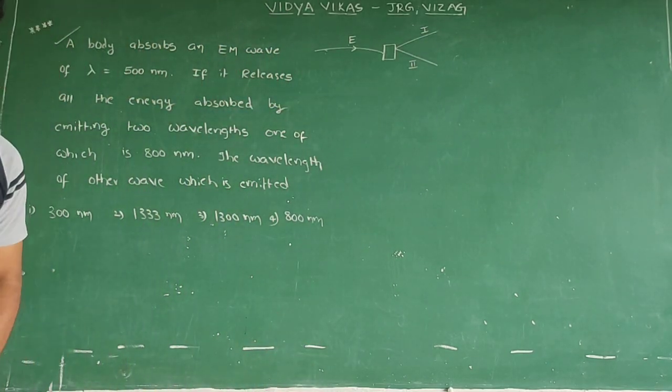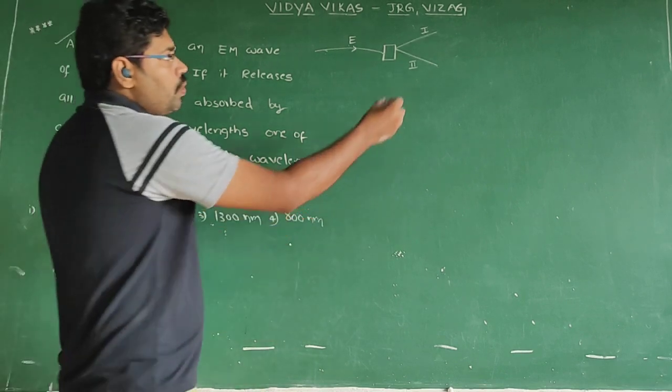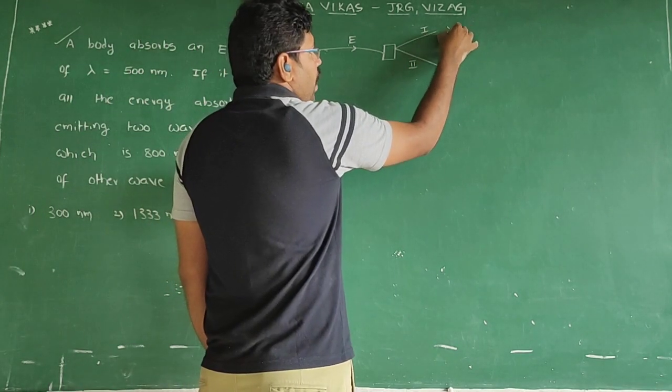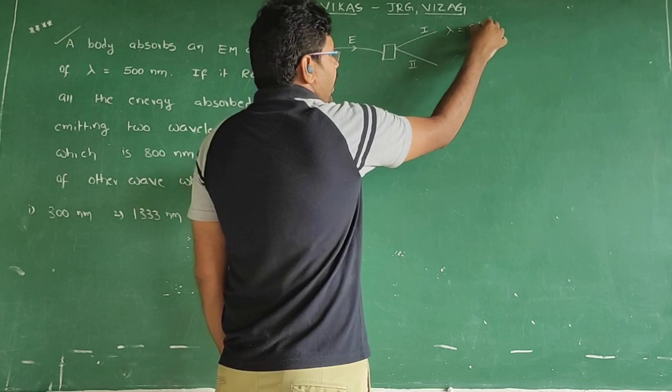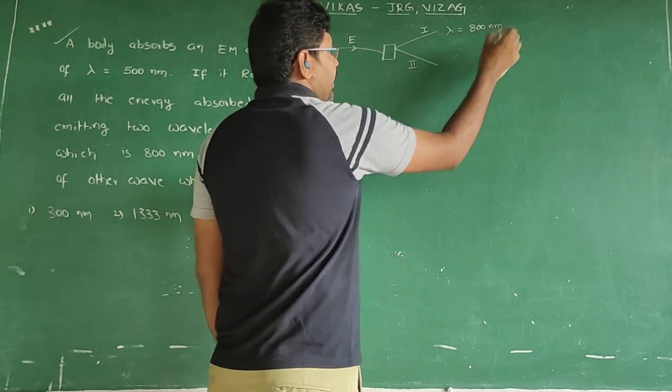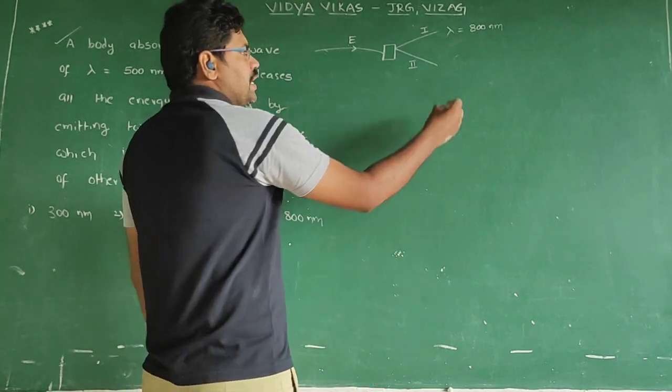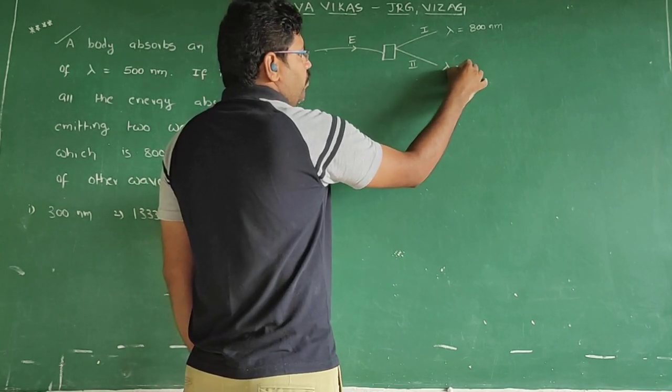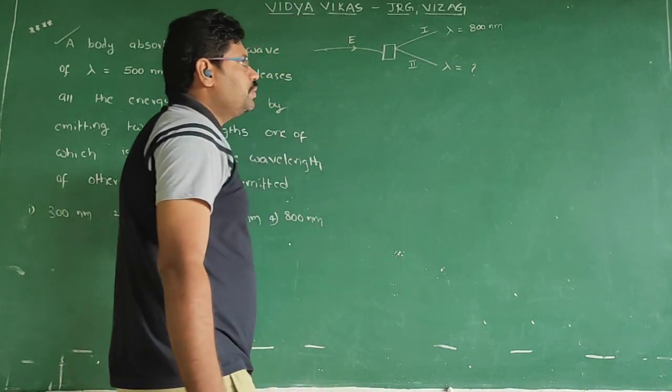Have you got it? So the wavelength of one of the radiations is 800 nanometers. Keep in mind. Would you please calculate the wavelength of the other radiation emitted? This is the question.